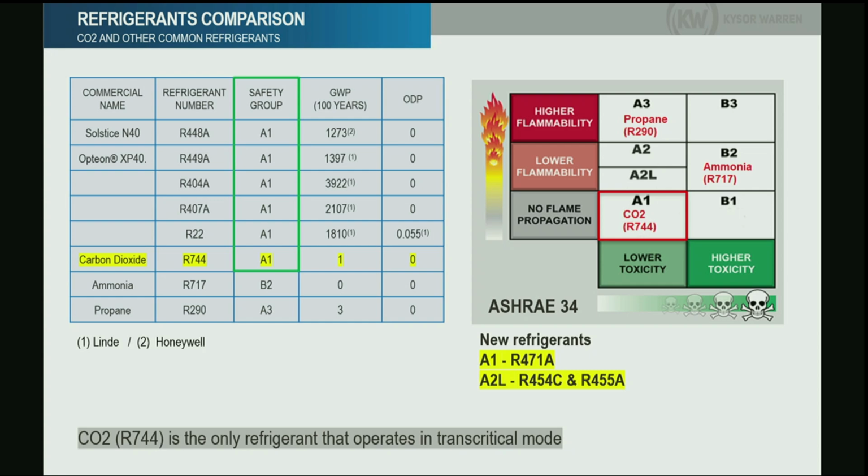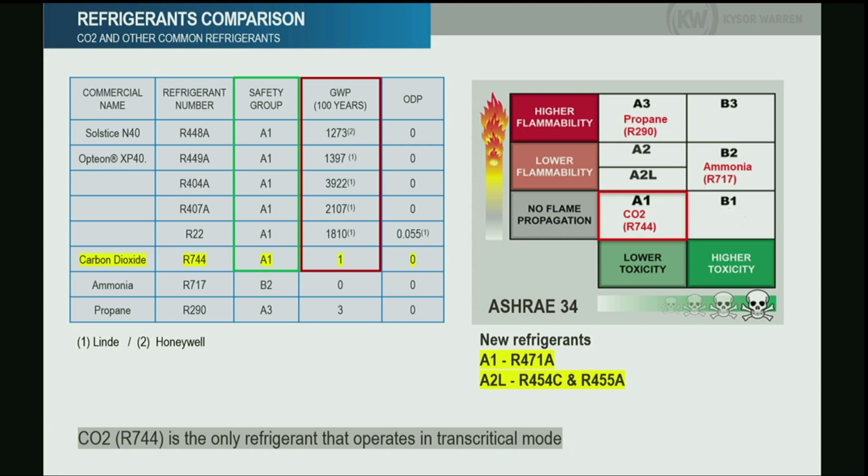Again, the important part is that CO2 is A1, and we can use it with the amount of charge that we need. There are no restrictions on how much CO2 you can put in a system to operate it. The difference will be the GWP numbers. GWP is basically how much impact they have regarding global warming on the Earth compared to CO2.